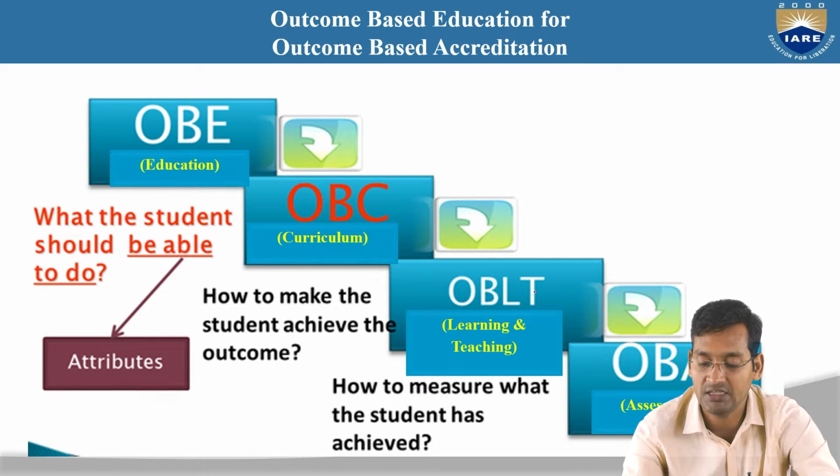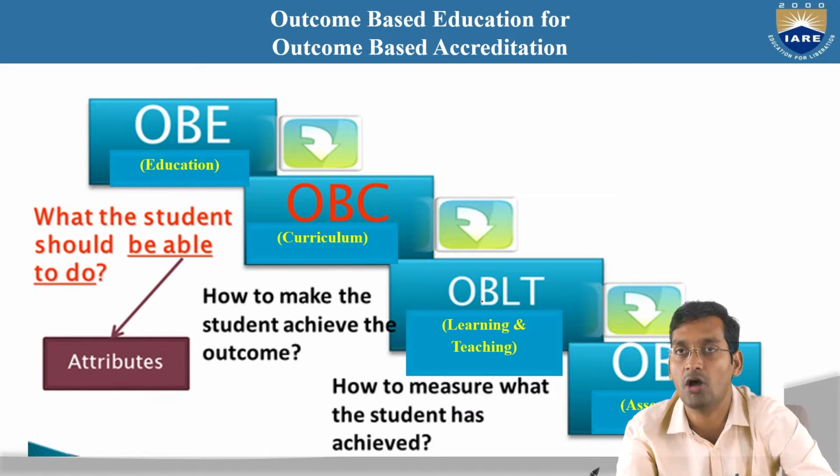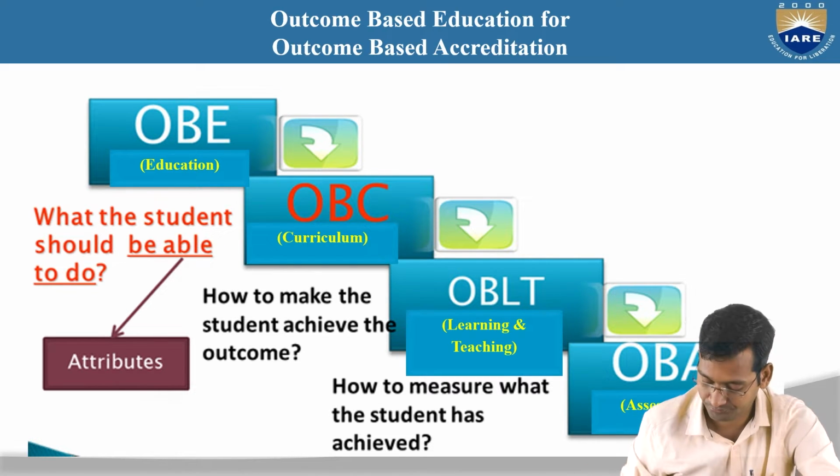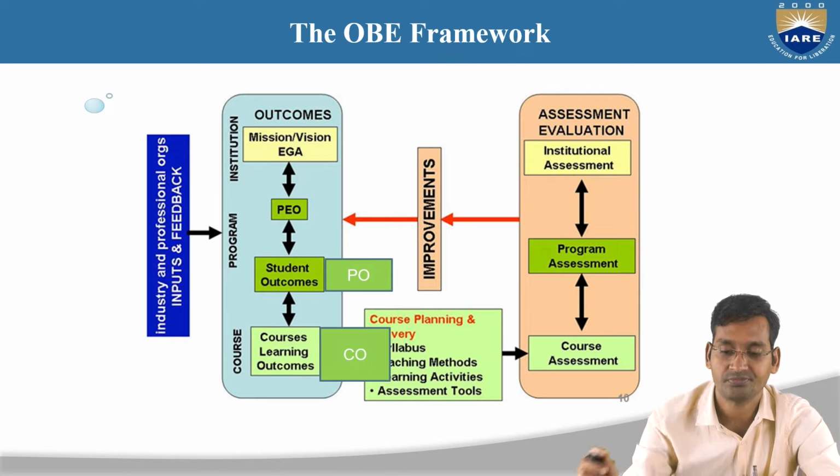Next, OBLT, outcome-based learning and teaching method, means how to teach the student or how the student will learn so that the purpose of OBE can be achieved. Next, OBA, outcome-based assessment, means assessment will be according to the outcome-based education policy, or according to the COs, the course outcomes.